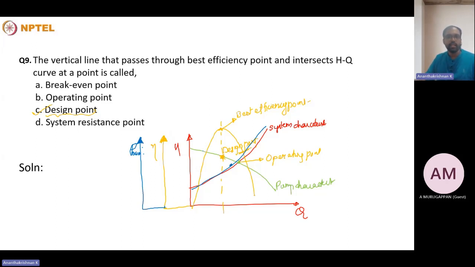Dropping a line from the best efficiency point to the discharge axis, the point where it meets the HQ curve, that particular head corresponding to the discharge at which we get the maximum efficiency, is called the design point. So the answer to this problem is the design point.